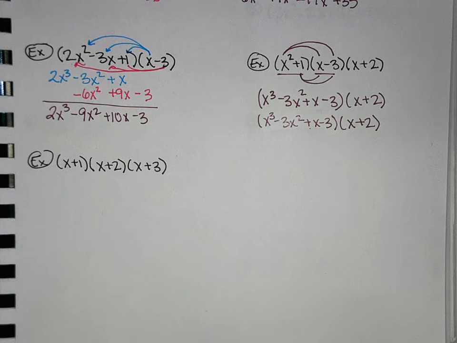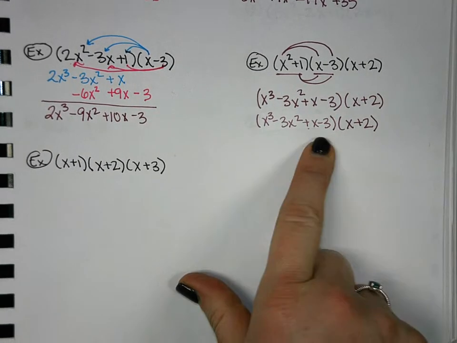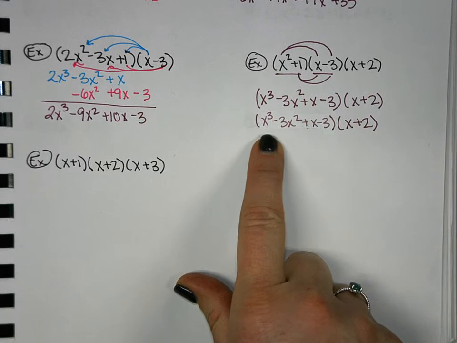Okay, so once we've got two of them multiplied, now we're going to multiply our third binomial, the one that we haven't touched yet, with the product we just multiplied.